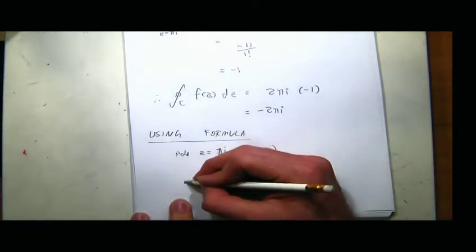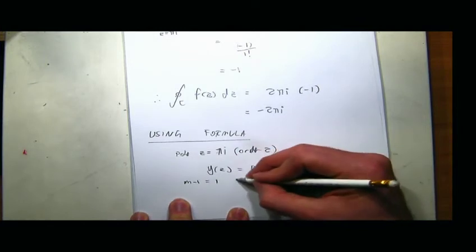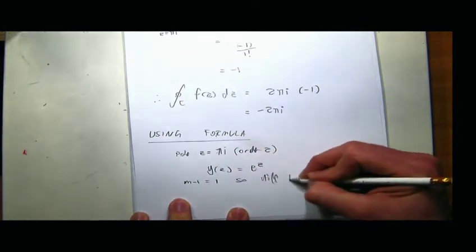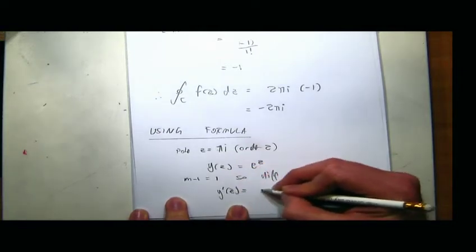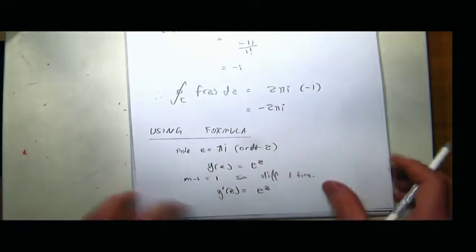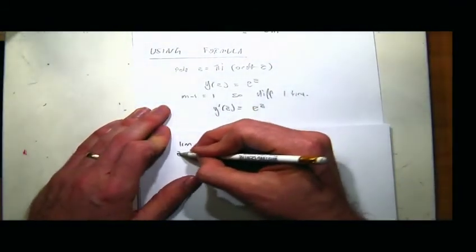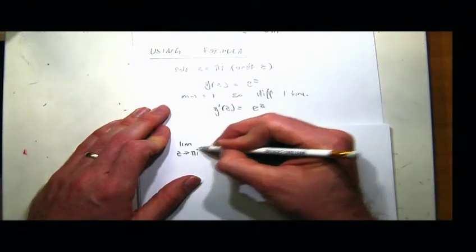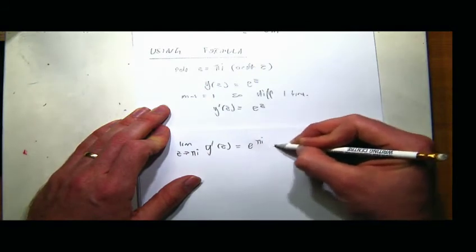Then I need to do, m minus 1 is 1, so differentiate 1 time. So g dash z is still e to the z. And then I do the limit as z goes to my pole of g dash z, which is e to the pi I, which is minus 1.